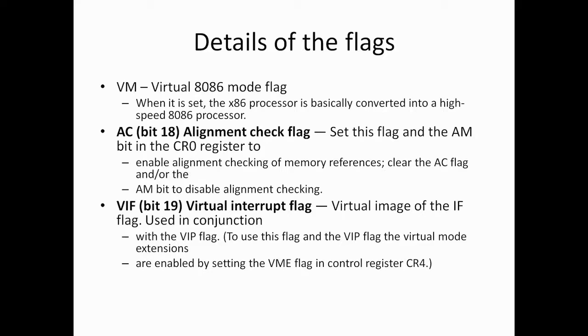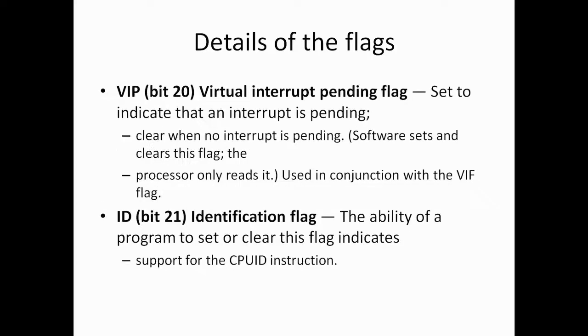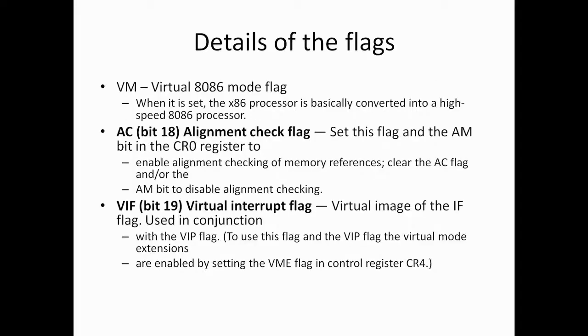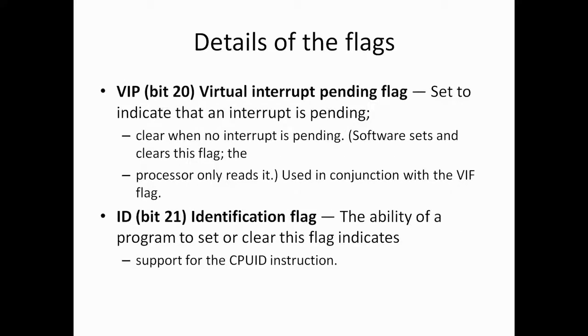We will talk about SMM possibly sometime down the line, probably as part of this course or part of the operating system course. But do remember there is a VIF flag and a VIP flag which basically are used for certain operating system related functionalities, okay.